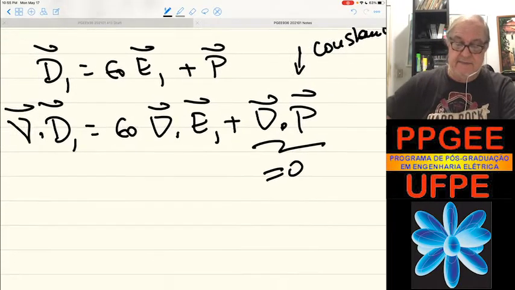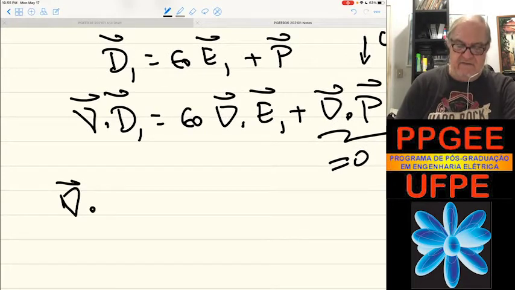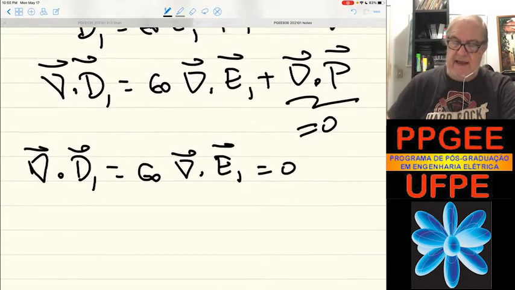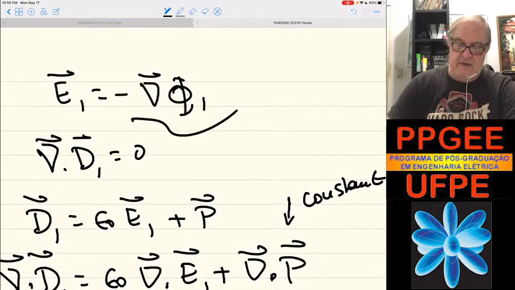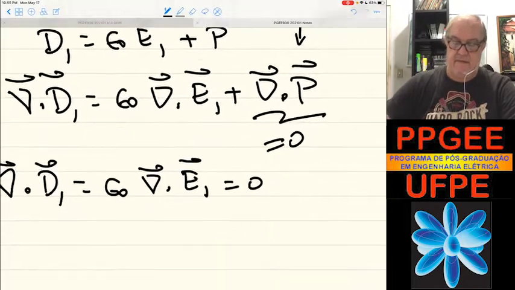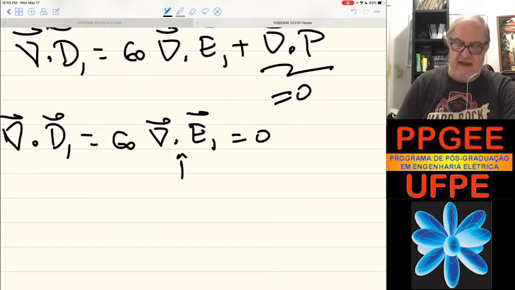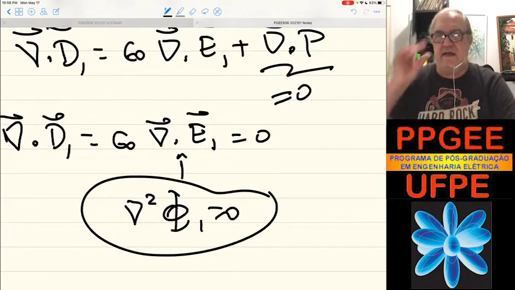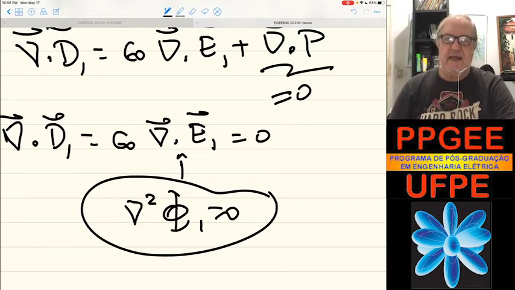So it means that divergence of D1 equals epsilon 0 divergence of E1 equals 0, and also by this relationship, if we plug in here, we have Laplacian of phi 1 equals 0. So it means even though the medium is nonlinear, the fact that the polarization is constant makes the potential satisfy Laplace's equation inside as well, right?